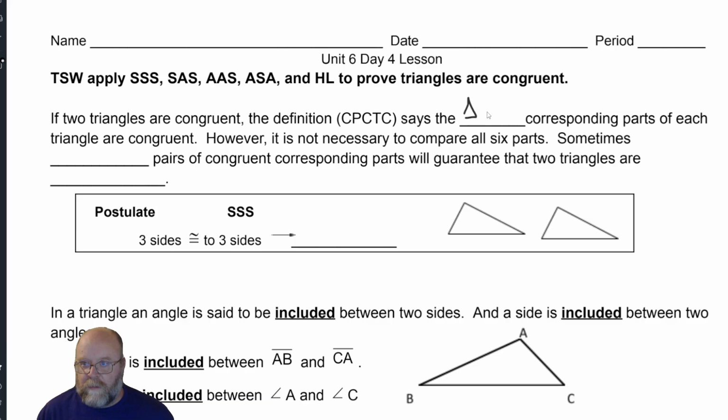However, it is not necessary to compare all 6 parts. Sometimes 3 pairs of congruent corresponding parts will guarantee that 2 triangles are in fact congruent.